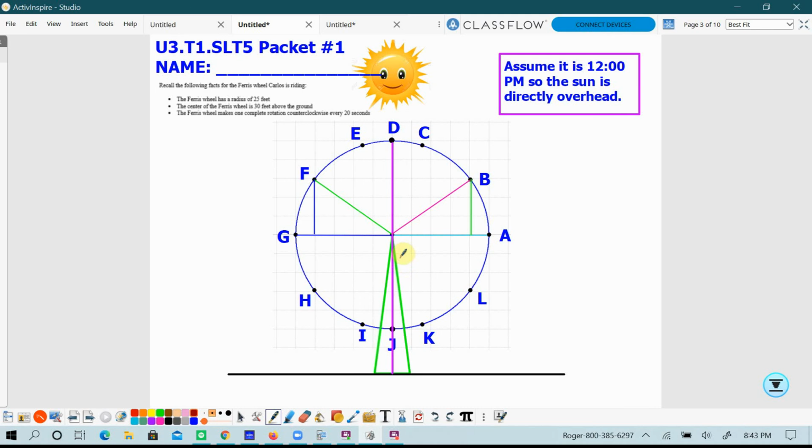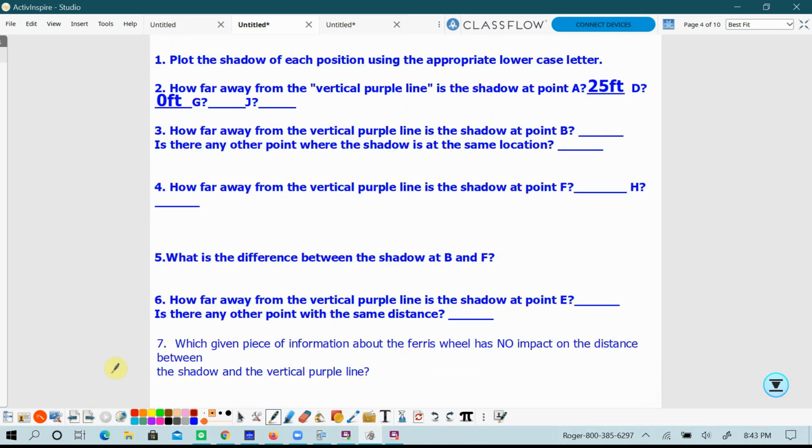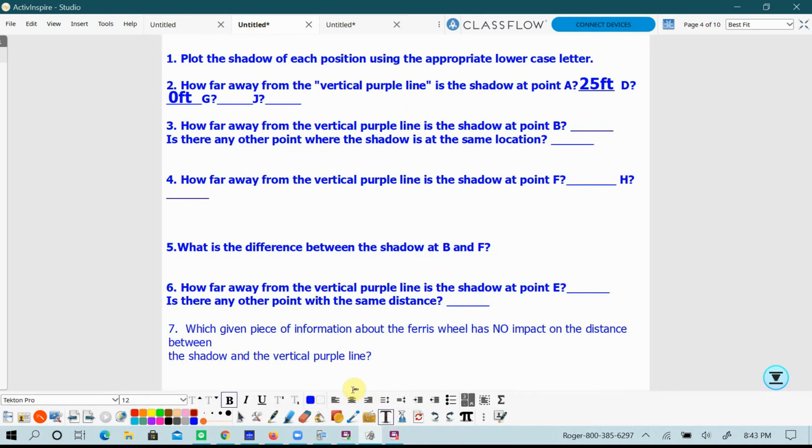Because we can't write negative 25 feet for this, because we should not ever measure that distance negatively, we're going to say instead 25 feet to the left.